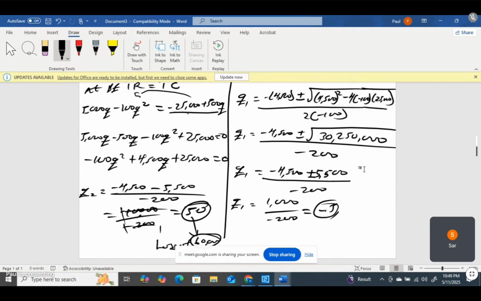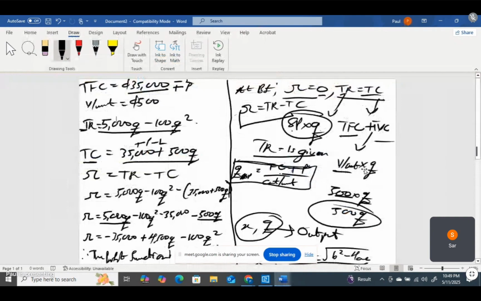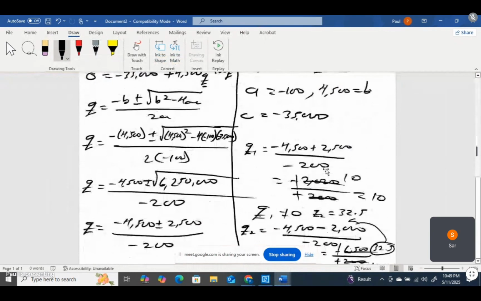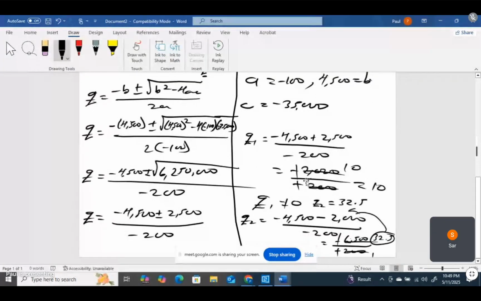But you see the other one, the two answers we got were all positive. Yes, 10 and 32.5. So both of them are correct because they are all positive.